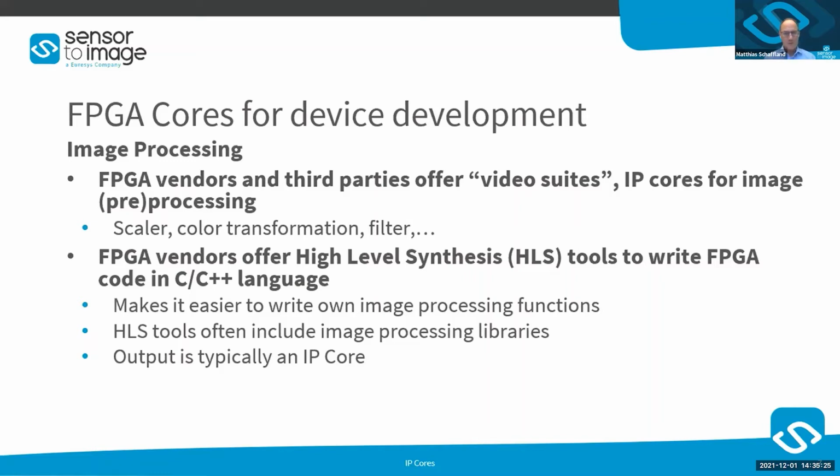Some FPGA vendors, meanwhile, offer tools for high-level synthesis. That means you can write your FPGA code in C or C++ language. And with these tools, you are able to directly compile it to VHDL, to RTL. And that makes it much easier to write your own image processing functions.